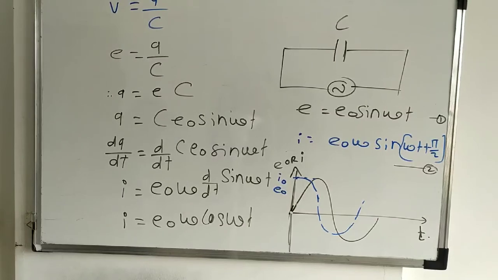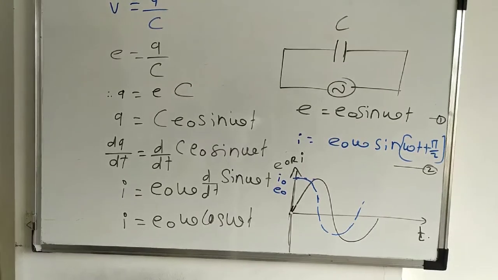Now the next: how is the opposition offered by the capacitor to the flow of current? The capacitor also plays the same role as that of the resistance.